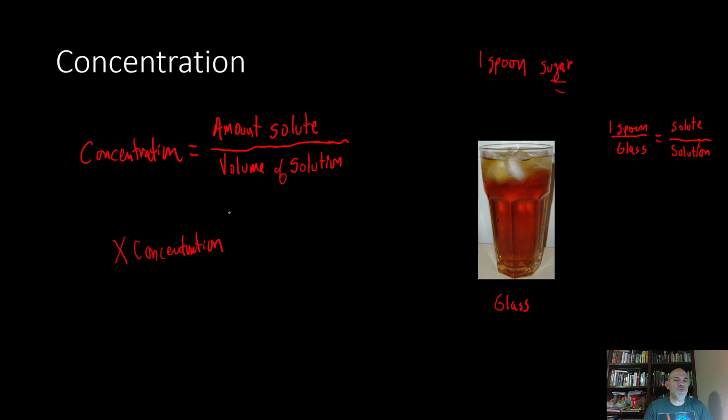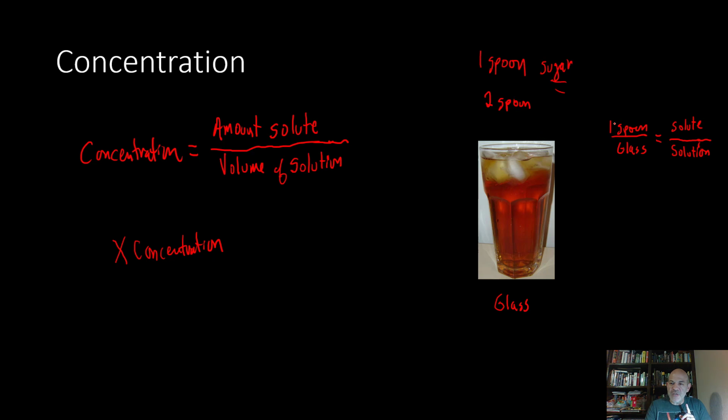And I ask you, well, what happens to the concentration of the sugar if I double how much sugar I put in there? What would double mean? Double would mean we're not putting 1 spoon, but instead we put a total of 2 spoons. Okay, so now we've doubled it, right?